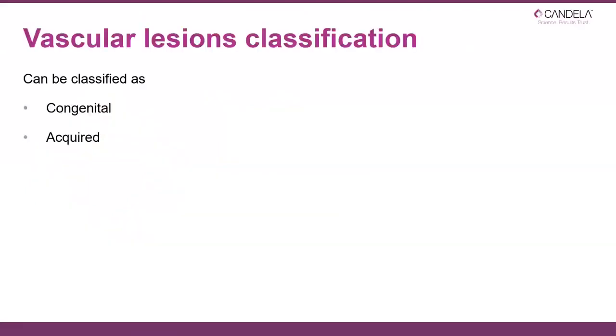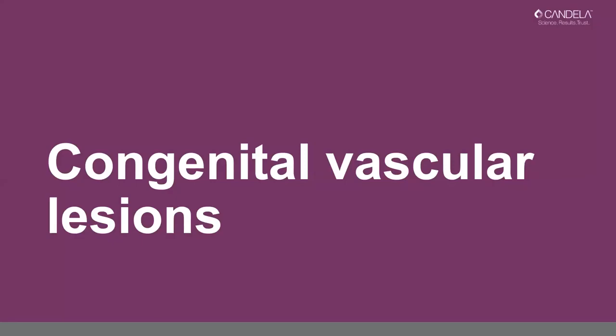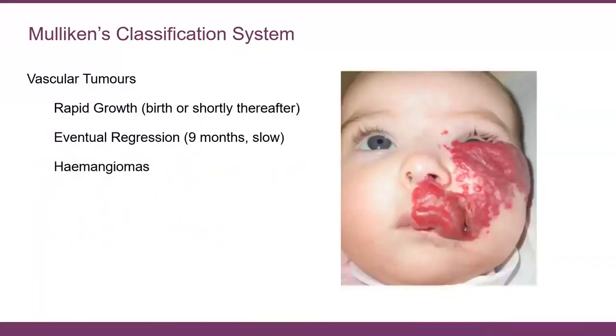So, vascular lesion classification. The simplest way to do this is to break it down into two different groups. First of all, we can look at the congenital group, and secondly, the acquired group. On the congenital side, Mulliken's classification basically puts these into two.